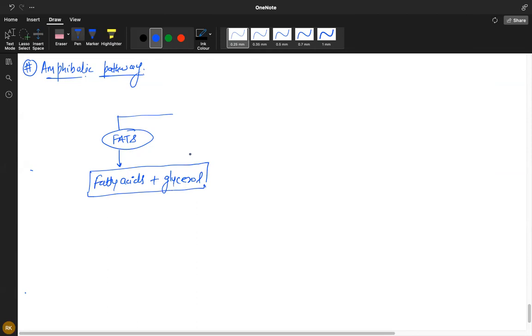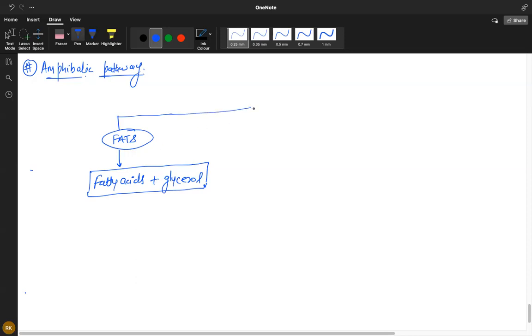Then fatty acids degrade into acetyl coenzyme A. So they can directly enter at the level of acetyl coenzyme A, right? They can directly enter the Krebs cycle, the TCA cycle. Remember? So they can directly enter the Krebs cycle if we are using fats, not glucose.